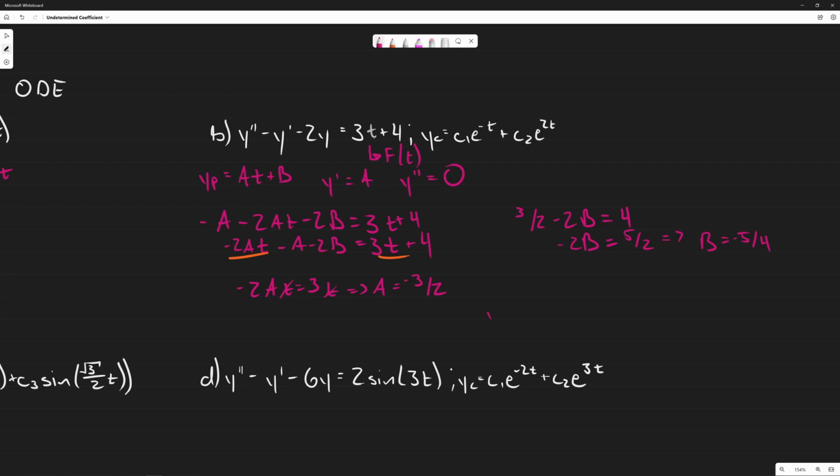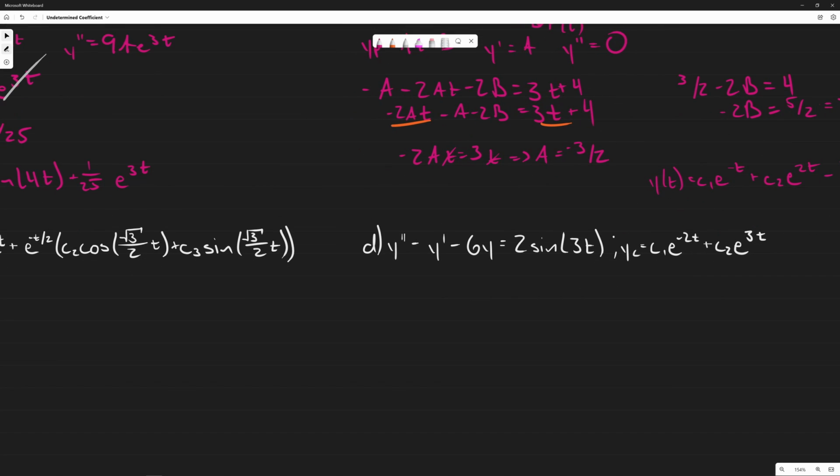So our general solution will be c1 e to the negative t plus c2 e to the 2t minus 3/2 t minus 5/4. So this should be relatively easy, as long as the particular solution is not part of the homogeneous solution.